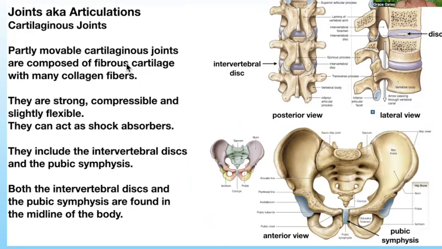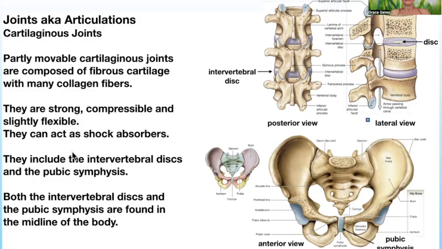Now, partly movable cartilaginous joints are composed of fibrous cartilage with many collagen fibers. They are a strong type of joint, but they're also compressible and slightly flexible. And these joints can act as shock absorbers. The two examples that we have already learned without knowing it were the intervertebral discs and the pubic symphysis.